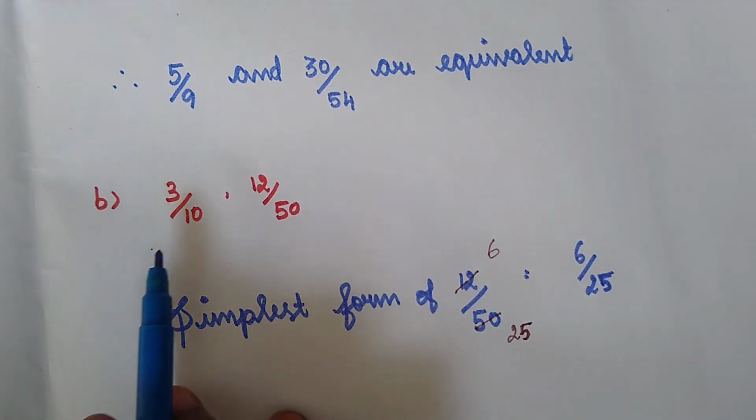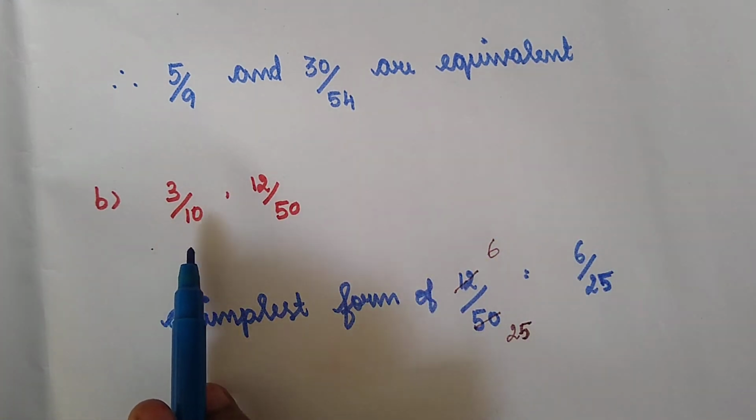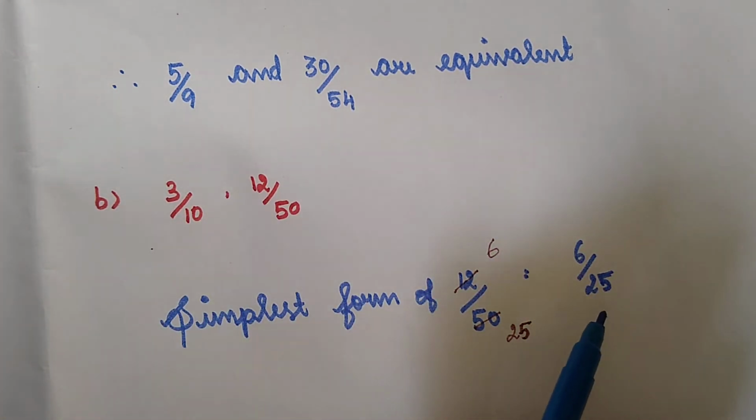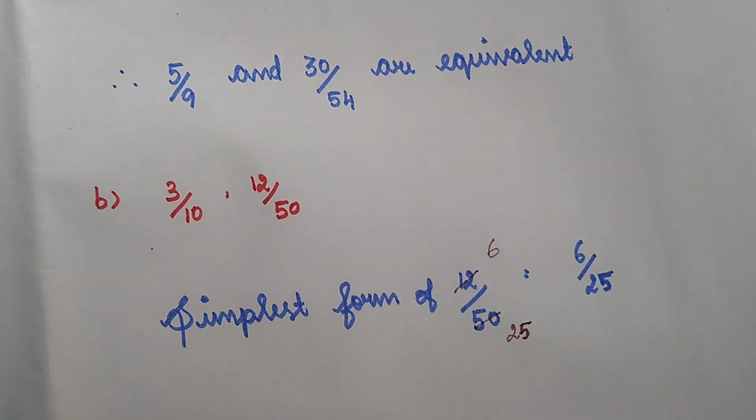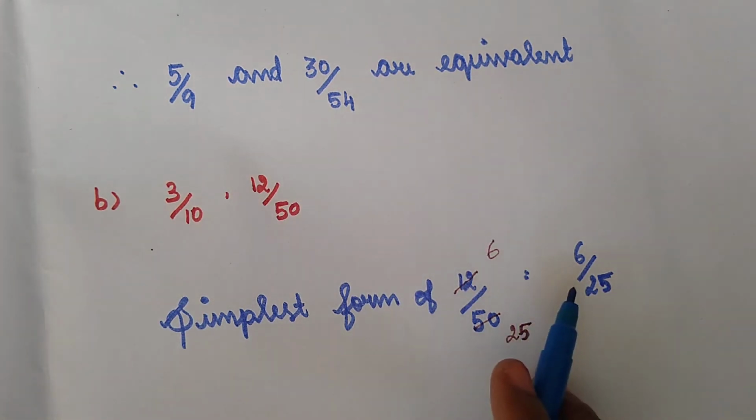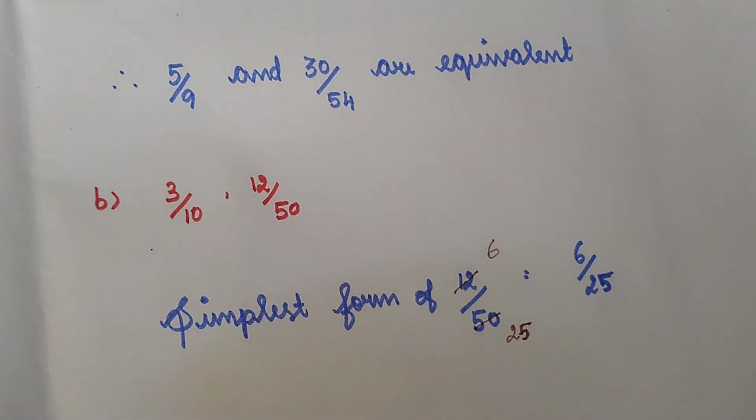Okay. Now compare these two numbers, 3 by 10 and 6 by 25. Are these two numbers the same or not? Different. Both numbers are different. 3 by 10 and 6 by 25 are different.